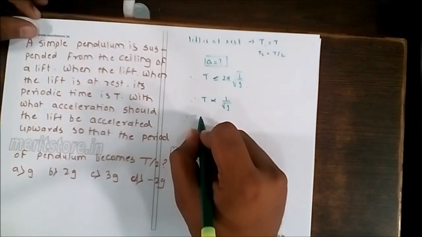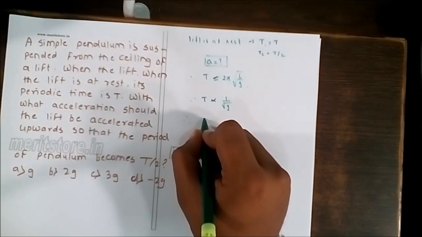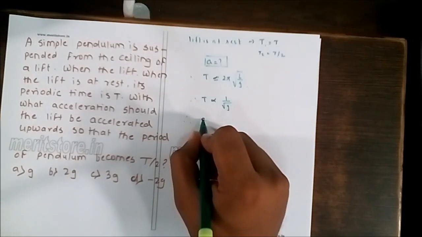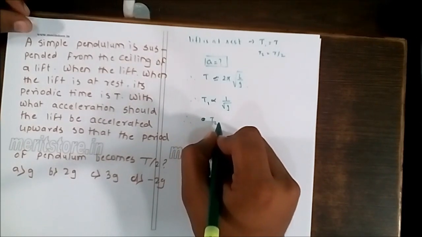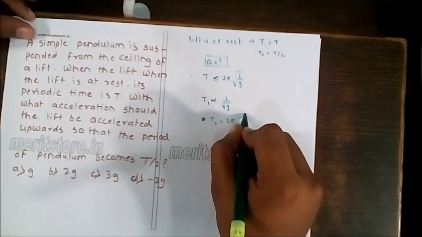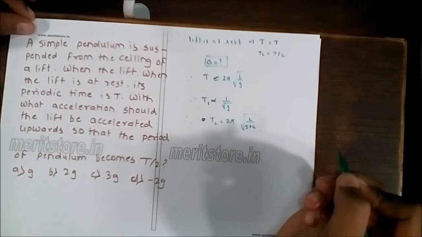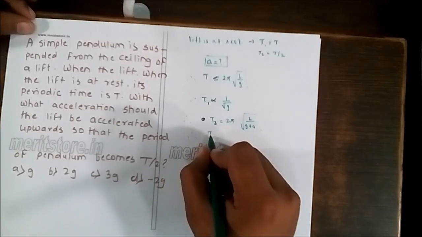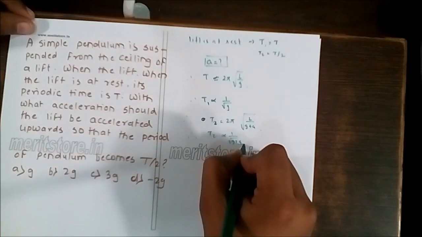Now, since it has to be accelerated upwards, for the second condition T2 is equal to 2 pi under root of L upon g plus a. Therefore T2 becomes inversely proportional to root of g plus a.